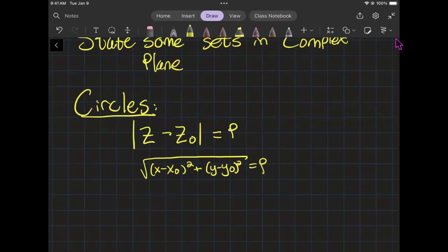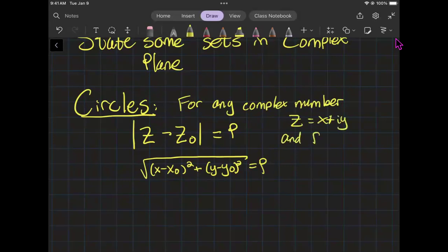This is for any complex number z = x + iy and a fixed complex number z0 = x0 + i y0.